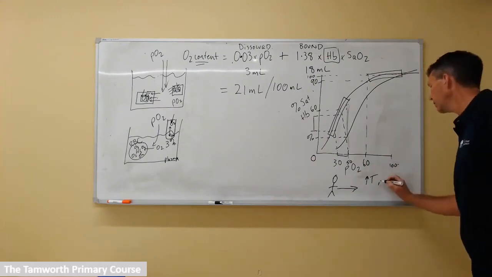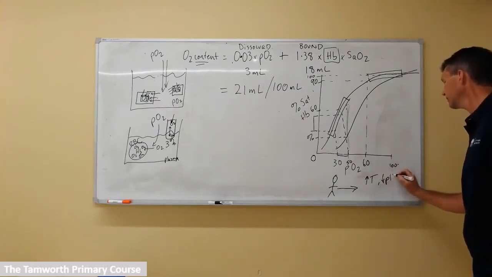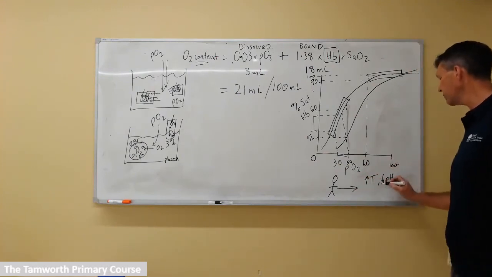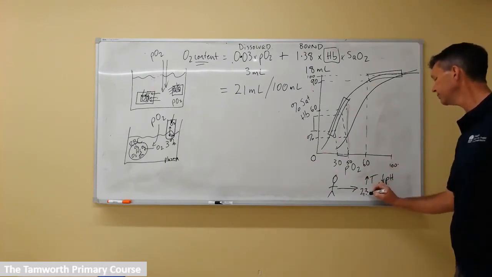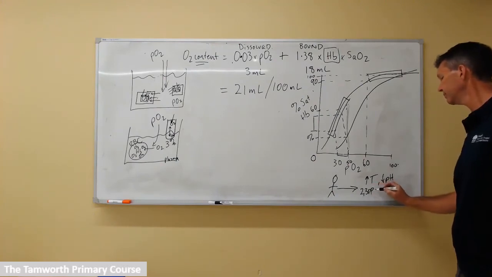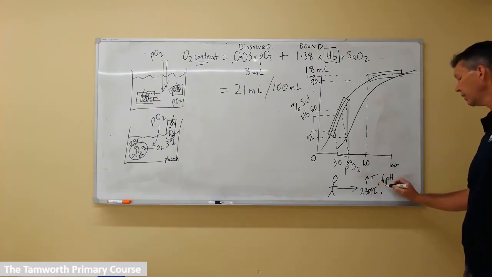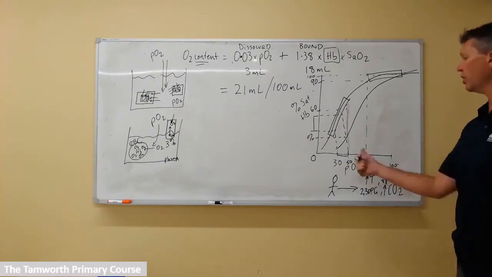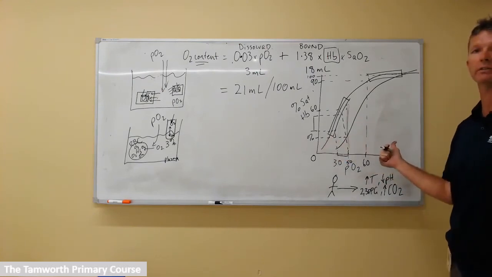They will be creating hydrogen ions. They will be creating 2,3-DPG. They will be creating carbon dioxide. These are the classic factors that are known to shift the curve to the right.